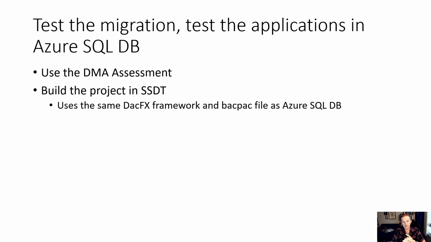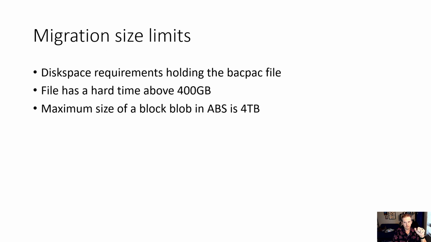If it compiles while you point it to Azure SQL Database, you're in really good shape. But if it doesn't compile, you need to resolve those reasons why it's not compiling. So we're trying to figure out where the disconnect is in the features that we've implemented as early and as often as possible during migration.